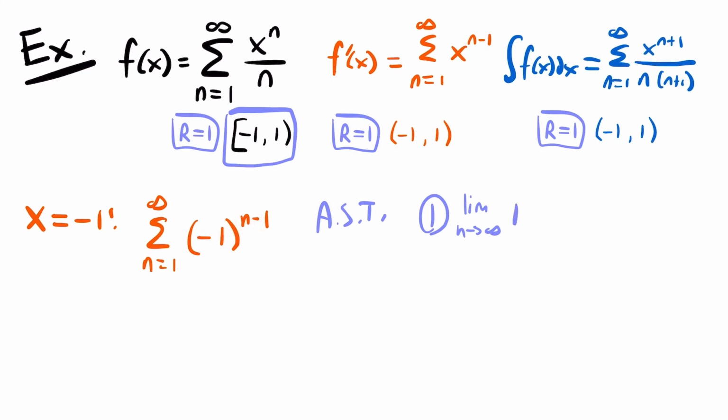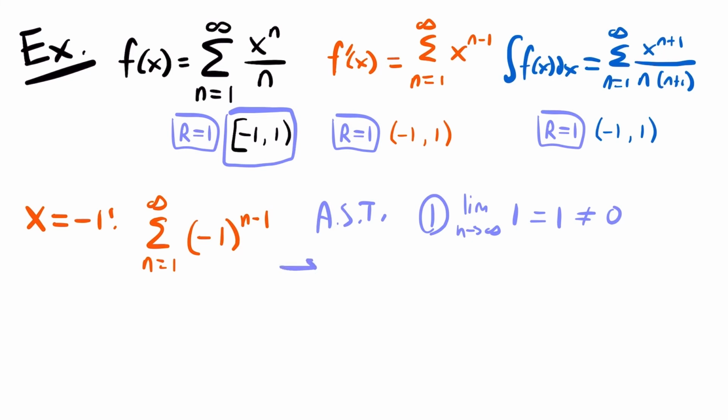And so the sequence is 1, and the limit as n approaches infinity of 1 is just equal to 1, and that's not equal to 0, which means that the first requirement is not met, which means that this series diverges via the alternating series test, or you could also say via the divergence test, since that's essentially what we just checked here. But either way, when you have a series of just (-1)^(n-1), or n plus 1, that series is divergent.